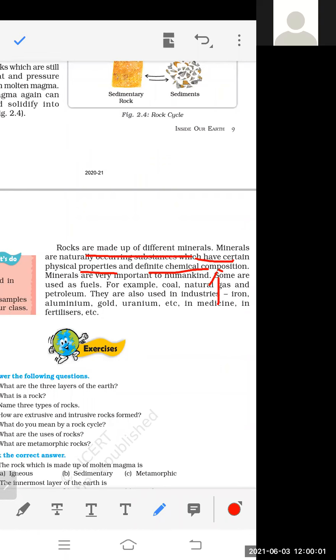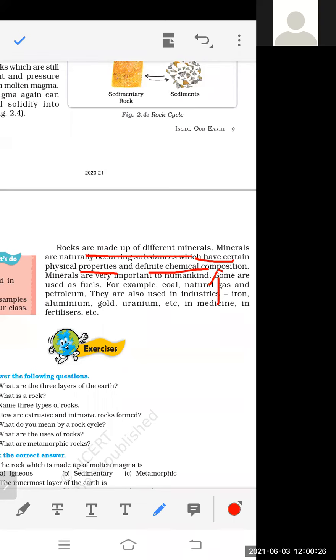As I told you, coal, natural gas and petroleum, which are found in sedimentary rocks, are used as fuels. And they take millions of years to form from the fossils of plants, animals, and microorganisms into coal, petroleum, and natural gas. So they are very useful and very important, so we should preserve them.